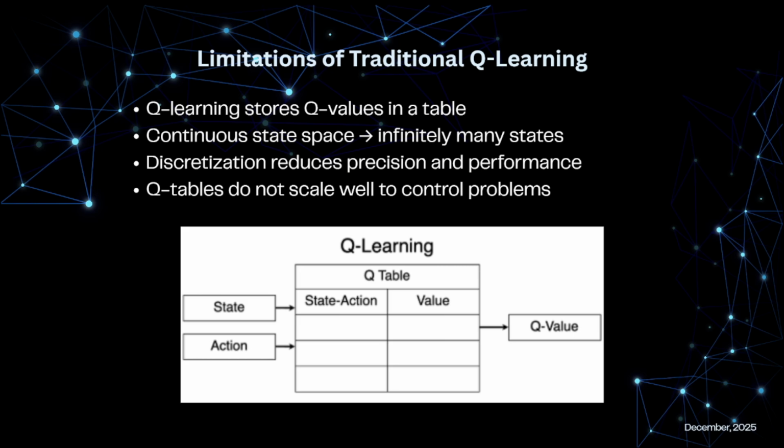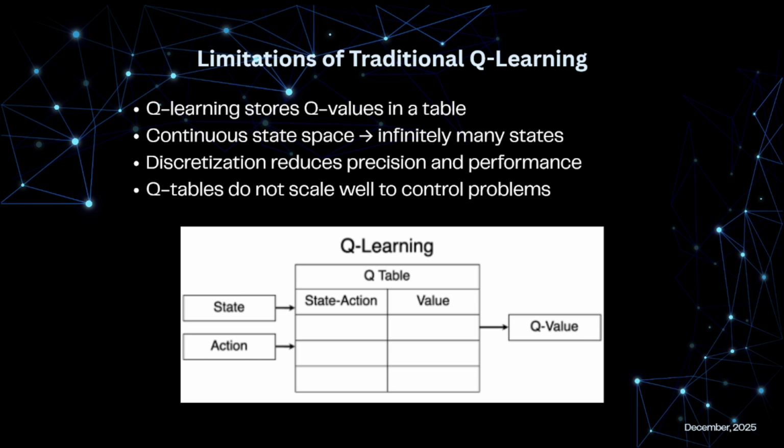The next part is about the limitations of traditional Q-learning. Traditional Q-learning methods store action values in a table. However, the CartPole-v1 environment has a continuous state space, and there are infinitely many possible states.